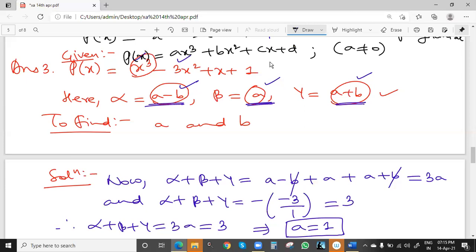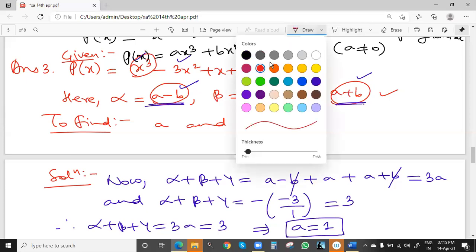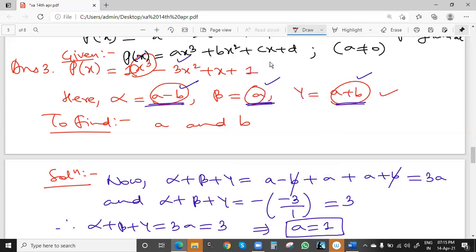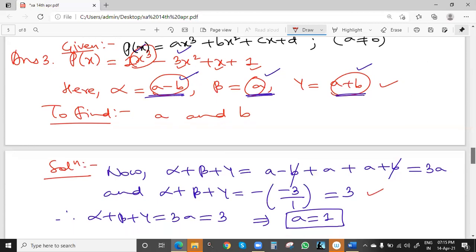So a is 1, nothing is given, that means a is 1, and 1 is not equal to 0, which is correct. So a is 1, b is minus 3, c is 1 and d is also 1. These are very important values, and from those we apply the formula minus b by a. That means minus of minus 3 by 1, that is 3. So a equal to 1.